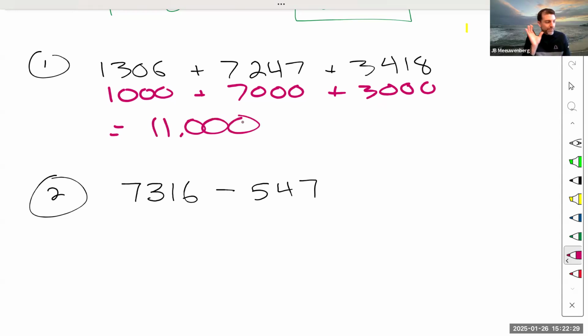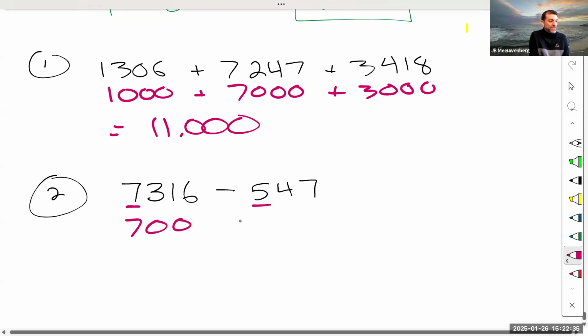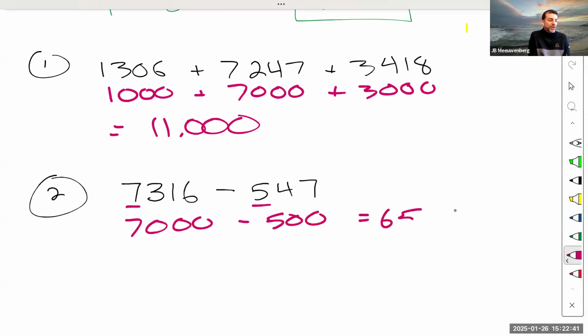Okay, so we're just focusing on those front end numbers. For number two, this would be 7,000 minus 500. This is going to be 6,500. Okay, so in that case, we had different place values where we were rounding to, but still, we're able to quickly do that calculation.